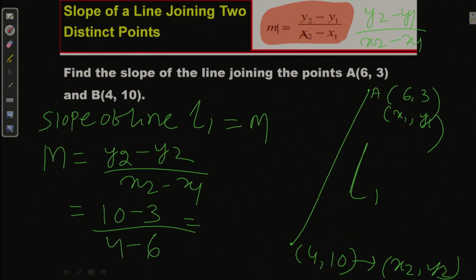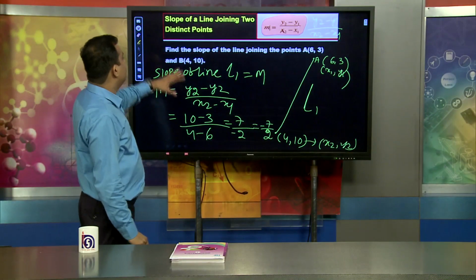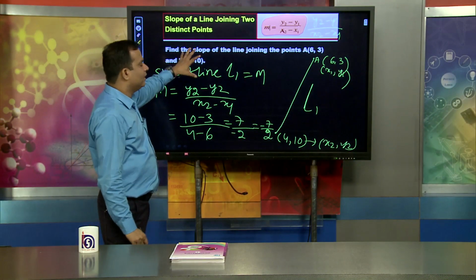That means 7 divided by 4 minus 6, that is minus 2. So the slope will be minus 7 by 2. This is the slope of the line joining the two points.